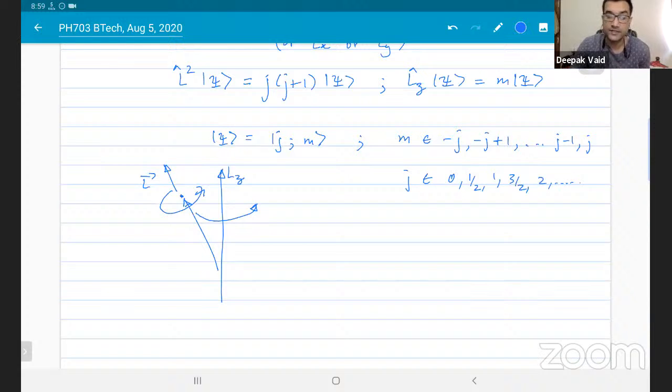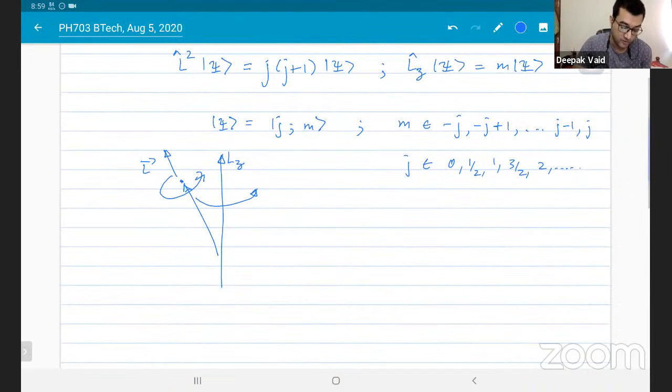Those are simply the states of a spin 1/2 particle. We'll talk about spin 1/2, and then it becomes very important to understand how to add angular momenta. That we will also cover.